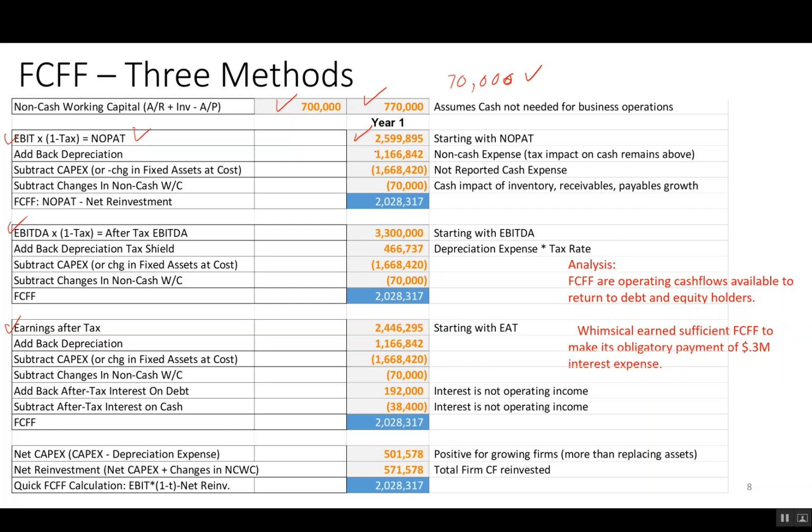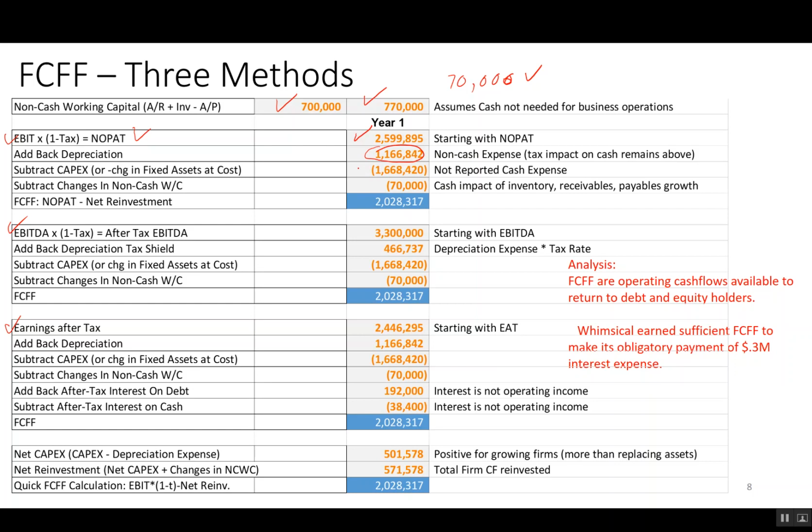The first thing we're going to do is add back depreciation. Remember, depreciation is a non-cash expense. It's the recognition of past purchases. So in this case, our CapEx for this year is $1.16 million, and we're going to depreciate $160,000 this year for that CapEx.